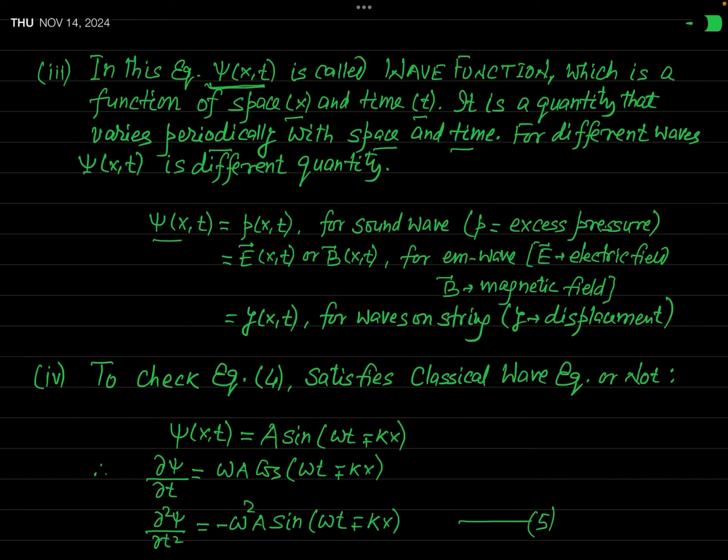So psi of x,t has the meaning P of x,t in the case of a sound wave. In the case of a sound wave, this excess pressure is the appropriate wave function. In a similar manner, when you study the electromagnetic wave, you will see that in that case, the electric field vector E and magnetic field vector B vary periodically with space and time.